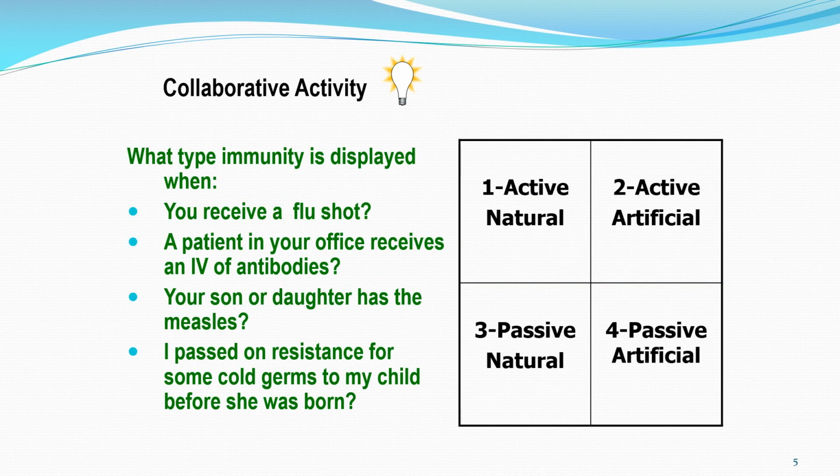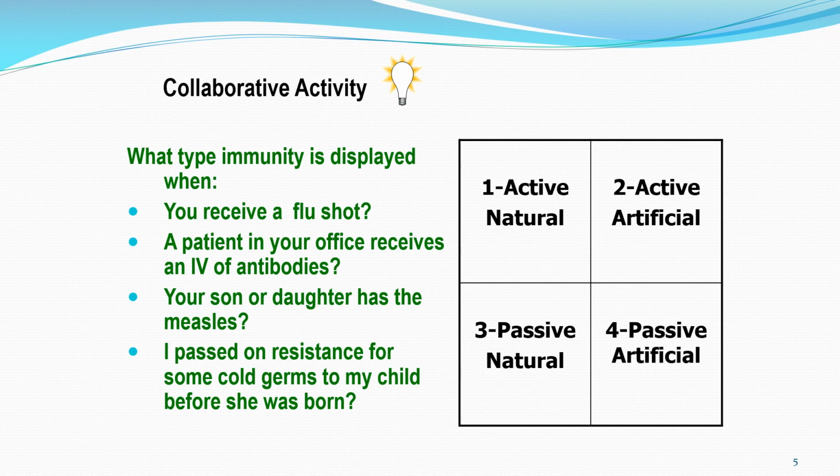Okay, guys, so here's one of our activity slides. So a great way to use this slide is to pause this now, get out a piece of paper, and write down what you think each one of these would be. Is you receive a flu shot, is that active natural, active artificial, passive natural, passive artificial?